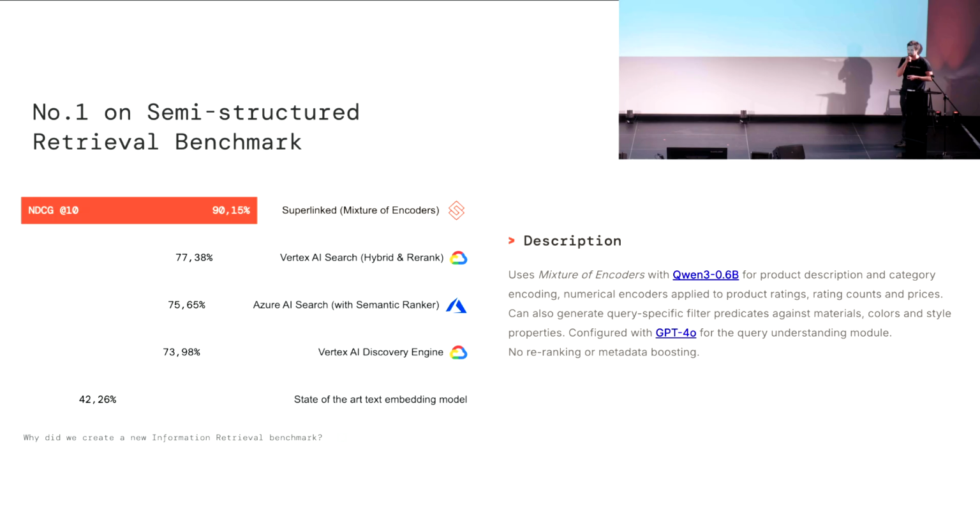So we benchmark against AI Search in Google Cloud, Azure, and so on. And we had to construct our own benchmarking data set, and we will open source that. It's a topic on its own because it has to have metadata and the text, and all the existing data sets don't have that.